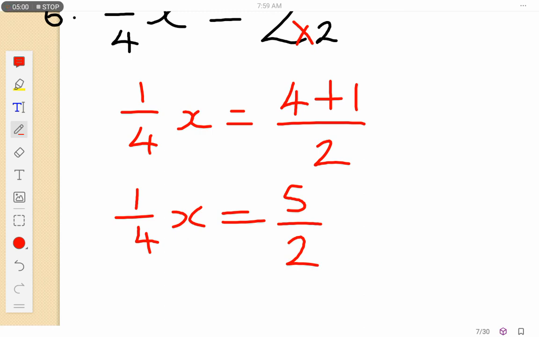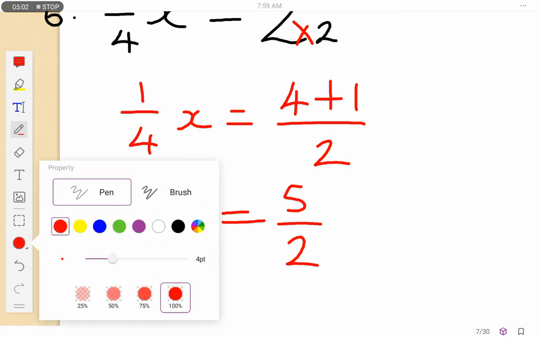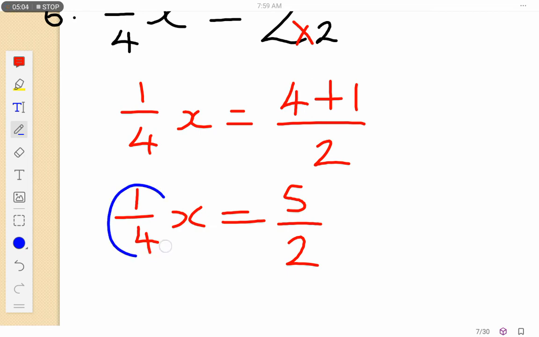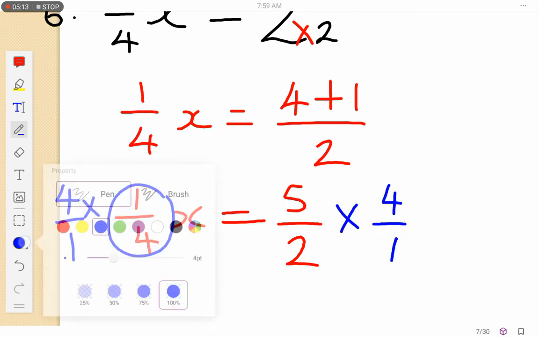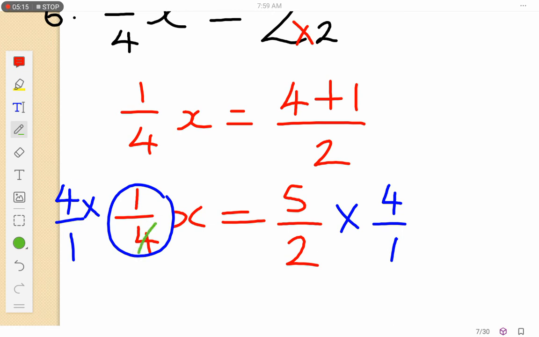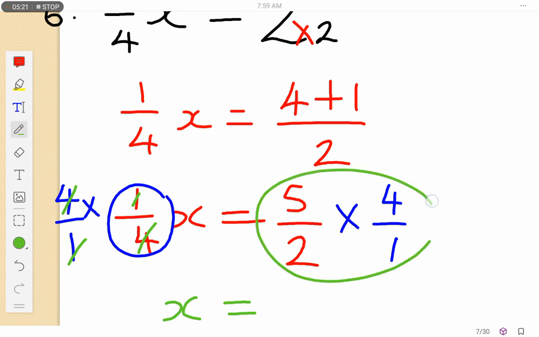Now we can solve. So to remove this 1 over 4 here, I'm going to multiply by 4 over 1. Okay, so I do the same here, 4 over 1. Okay, so on the left side, these are going to cancel off each other and we will remain with x is equal to. Now on the right side, this part here, I can divide 2 into 4.